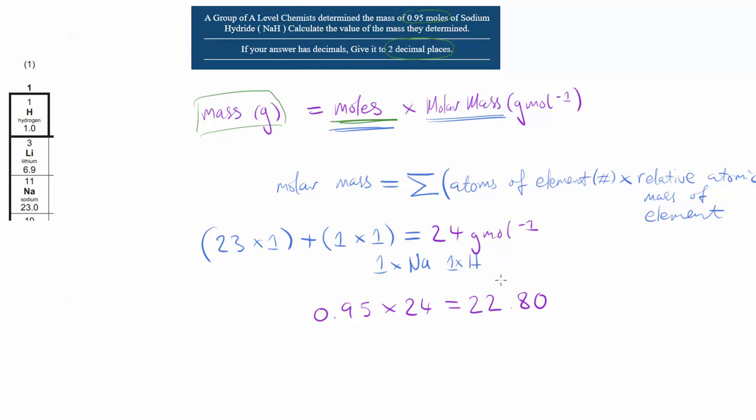But in any case, what we actually need to do is consider the units. This, I think, can be commonly overlooked sometimes, but we are given a mass, right? We do need to clarify what this is. Is it 22.80 kilograms, micrograms?